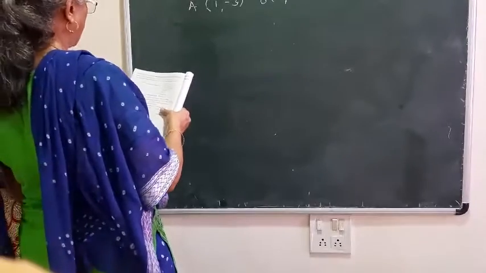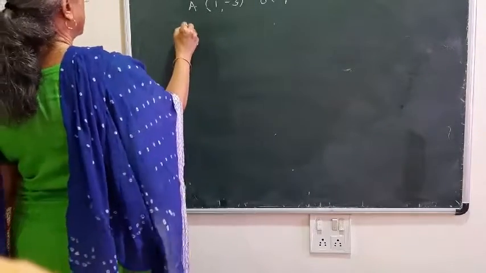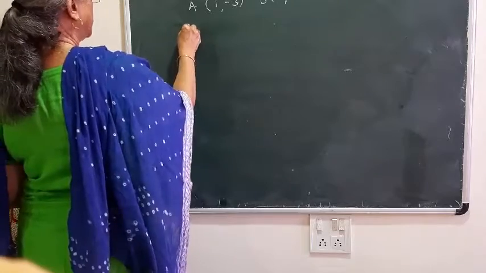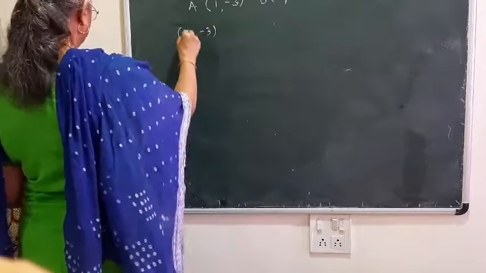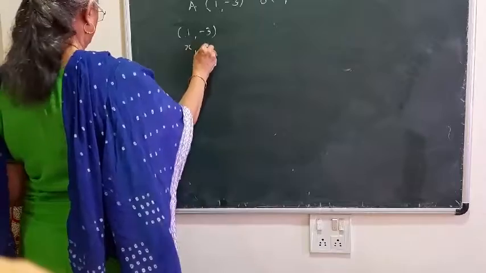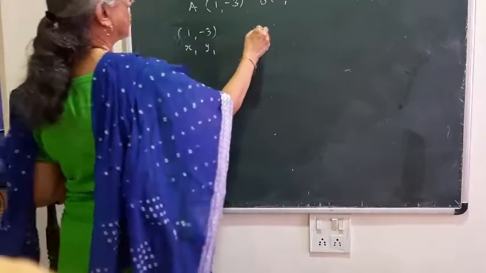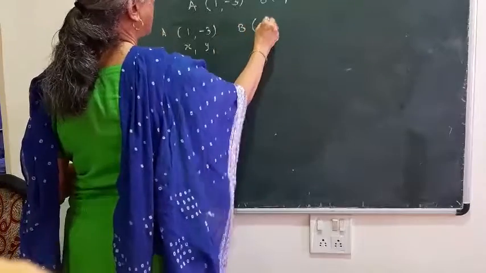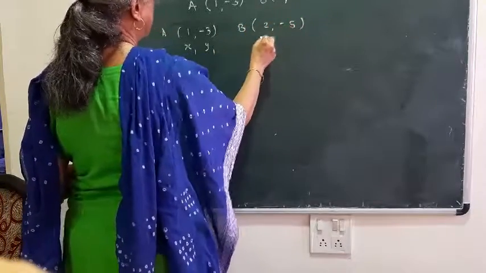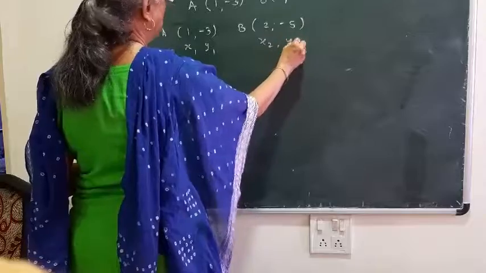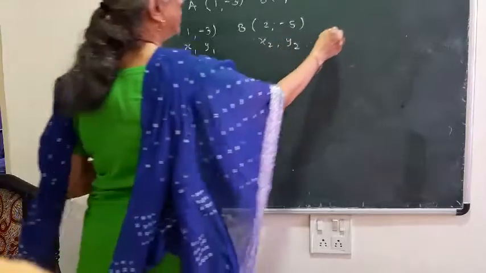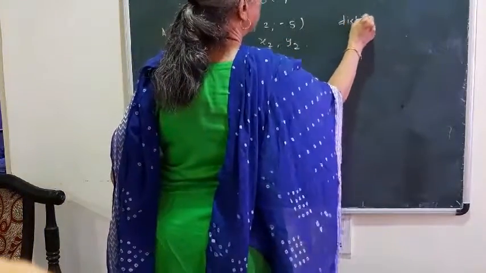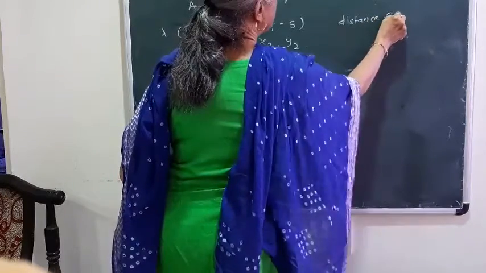Coordinate of A, they have given (1, -3), that means here they are x1, y1. Then coordinate of B, they have given (2, -5), so that will be x2, y2. Then we will write the distance formula, taking it by the book method.